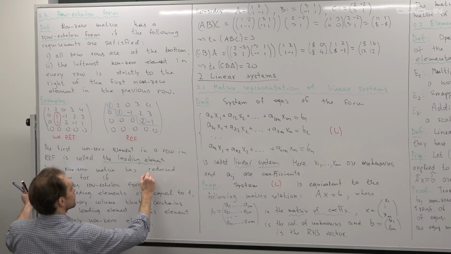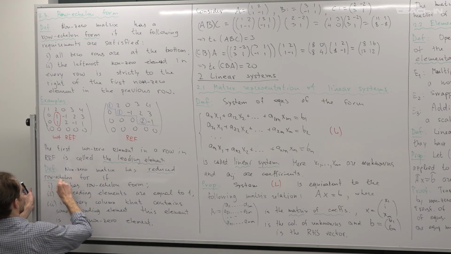So this is called reduced row echelon form.